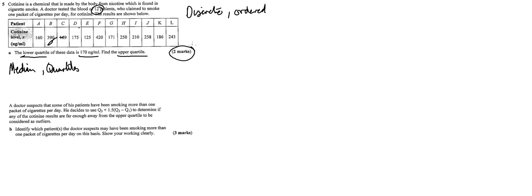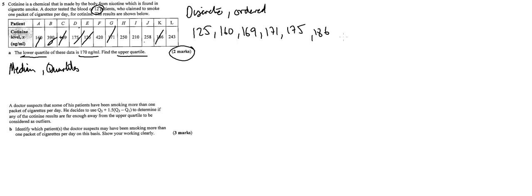So first of all, let's put them in order. We've got the smallest one, which is 125. The next one is 160. After that is 169. After that is 171. After that is 175. After that is 186.